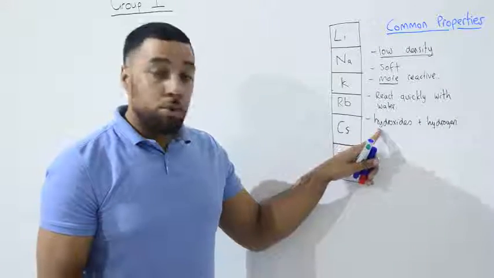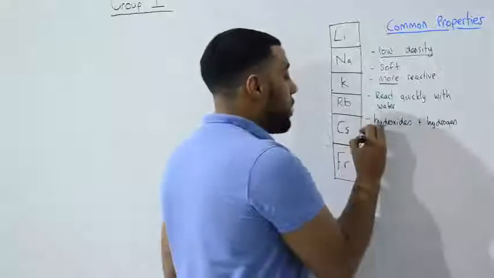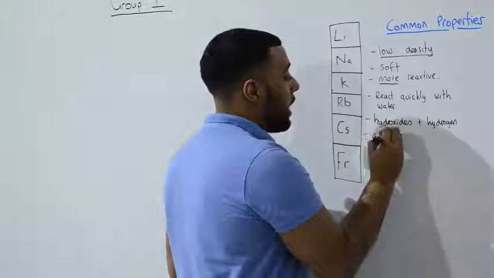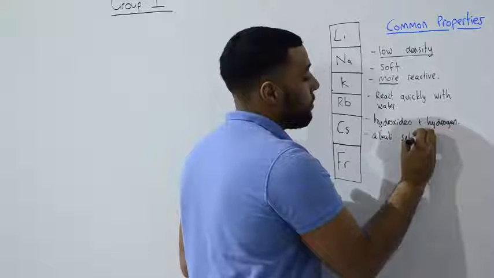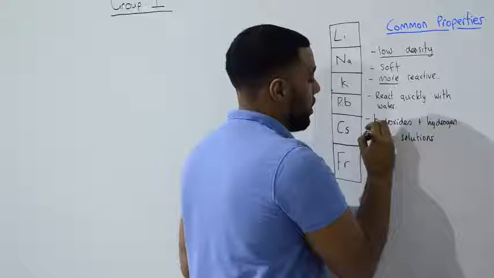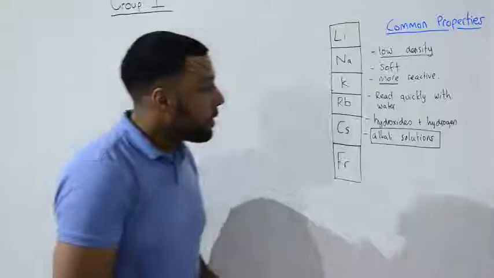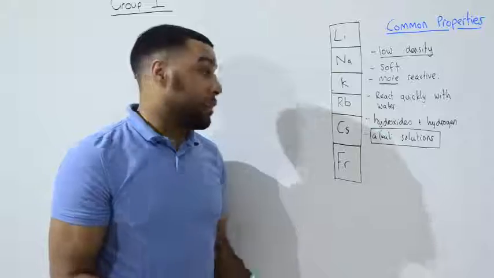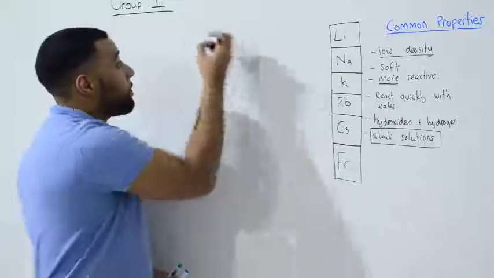All Group 1 metals produce soluble hydroxides, which is where we get the alkaline solutions from. Now let's take a look at the reaction when we add a Group 1 metal to water.